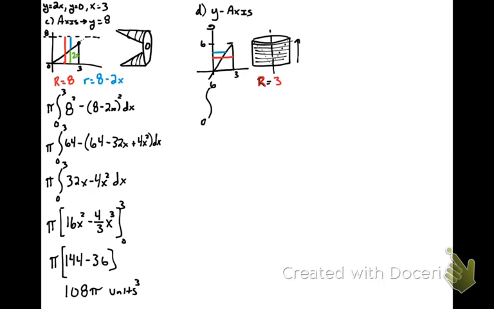Now, expressed in terms of x, this is y equals 2x, but we need to talk about this in terms of y. So if we take y equals 2x and solve it for x, we find that x equals 1/2 y. So this distance from here to there is half of y. That's what little r is.